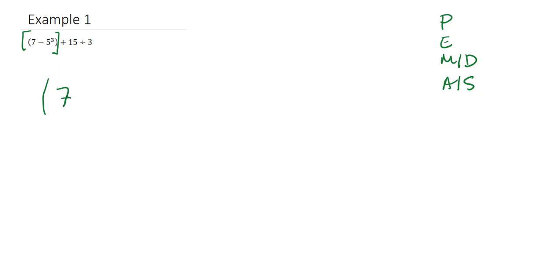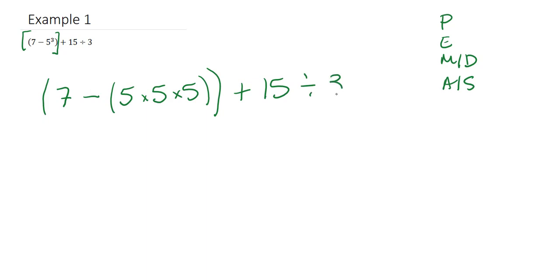So let's go 7, and then minus, and we have 5 times 5 times 5. We'll just write everything else. 5 times 5 is 25, times another 5 is 125. So we can go 7 minus 125.